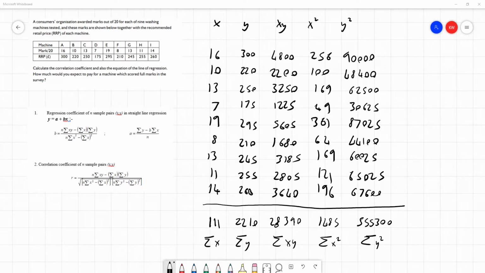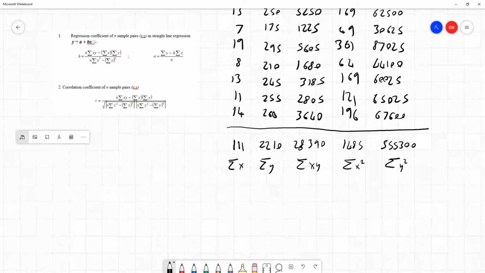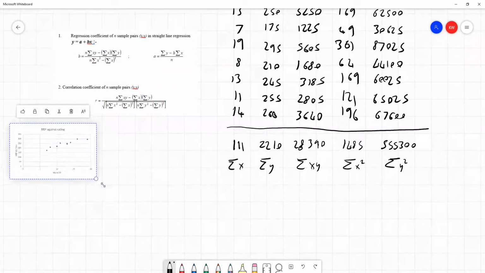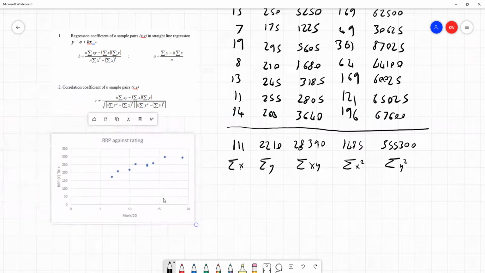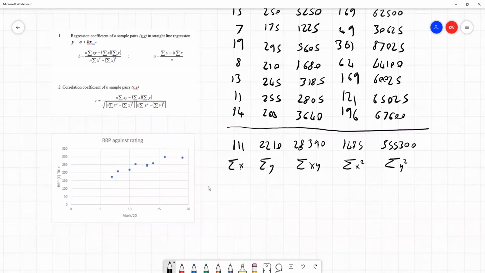I'm not going to plot it by hand here because it's harder to do on the whiteboard, but I've made one in Excel. It doesn't actually ask us to do it here, but it'd look a bit like this, a suitable graph with axes labelled. The x-axis is the horizontal one, that's the marks out of 20, and the y-axis is RRP in pounds. That's what our scatter graph looks like.